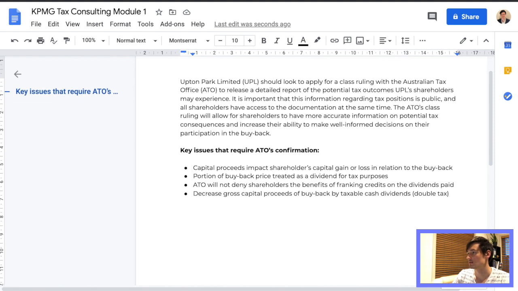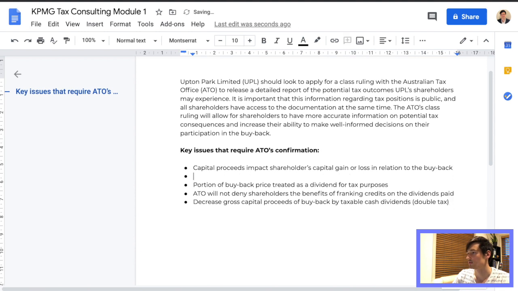Let's start with the capital proceeds portion. What would we say? Buyback is assumed to have occurred at the market value of the share price.